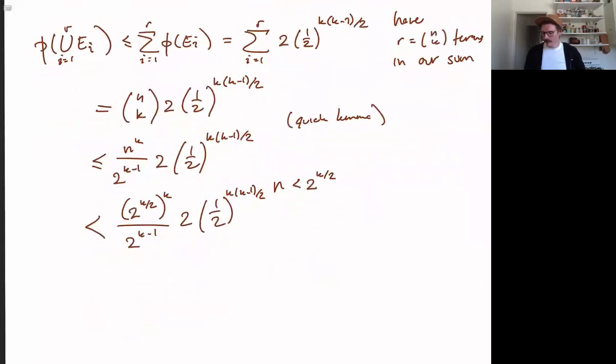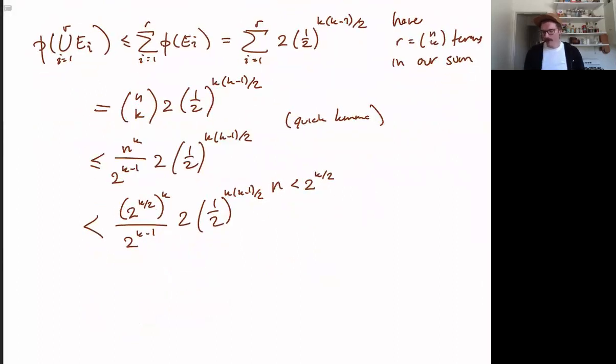And now we have a big old formula with a bunch of 2's and a bunch of k's. And I'm just going to simplify it all in one step. If you expand out all these powers and put them all together, it's just 2 to the 2 minus k over 2.